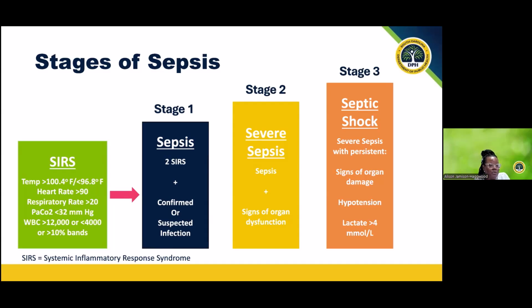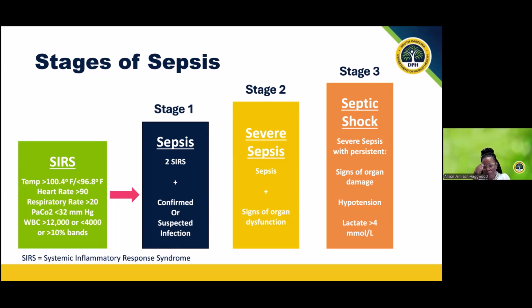They will have an increased heart rate. Their respiratory rate will be greater than 20. The PaCO2 will be less than 32. And then their WBCs may be elevated or decreased, or they'll have a greater percentage of bands.